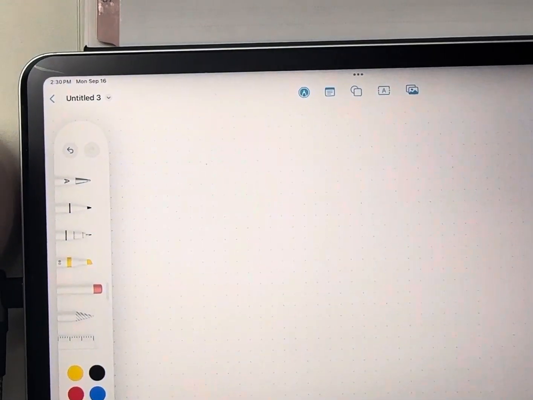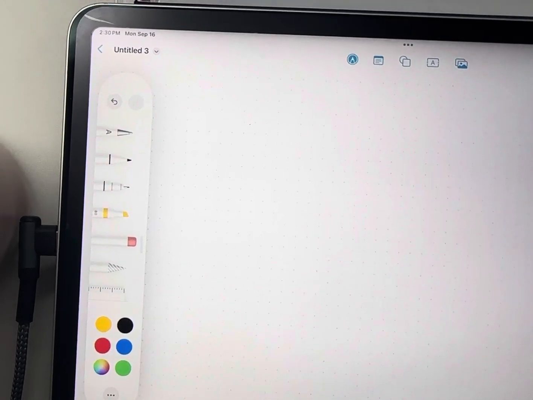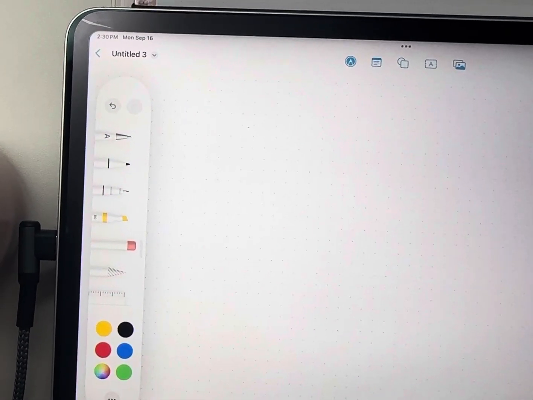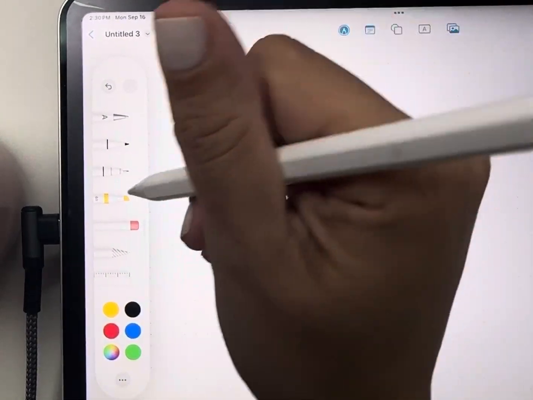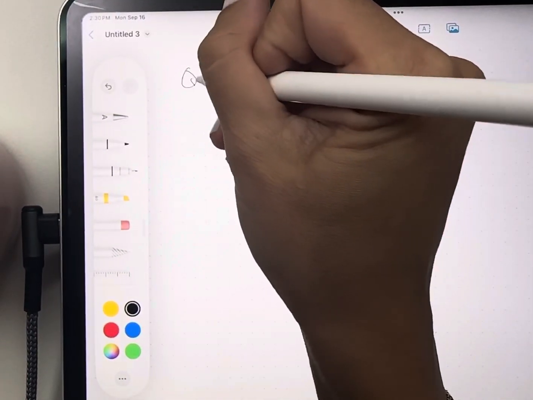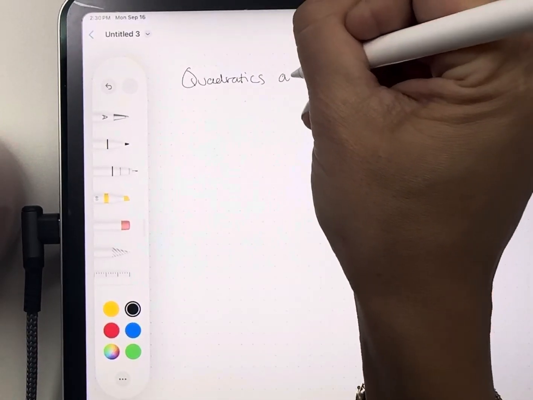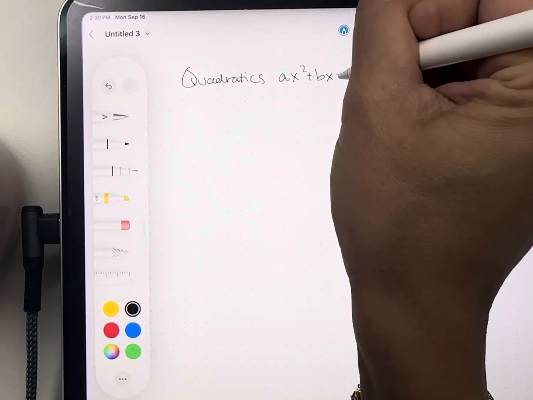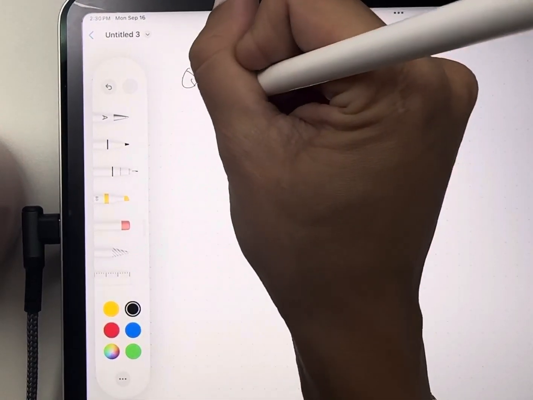Okay, guys, I want to do an example for you guys of completing the square, factoring, and quadratic equation. So when we have quadratics of the form ax squared plus bx plus c, we have 3 ways to solve.